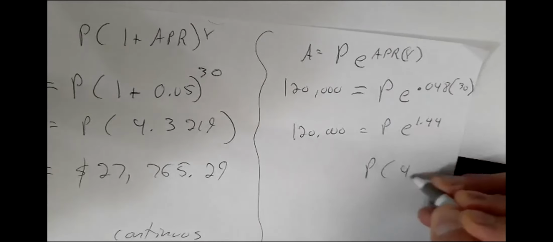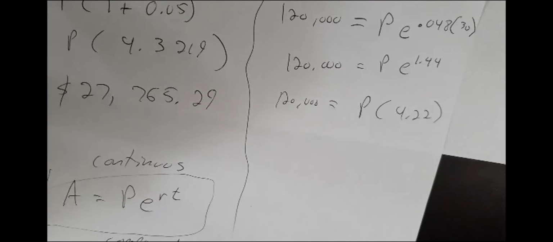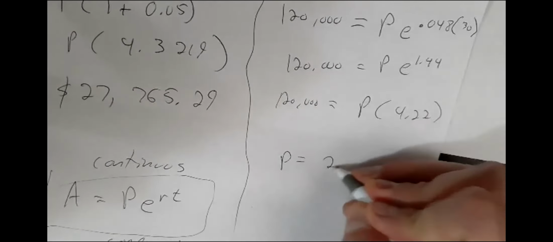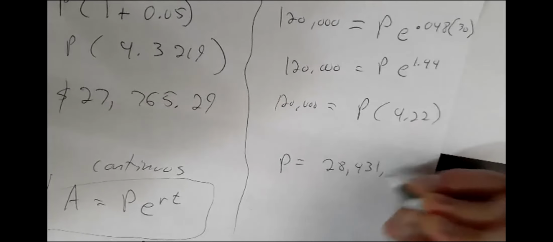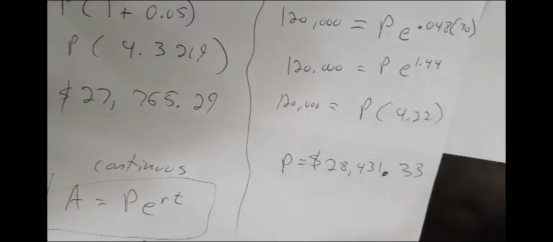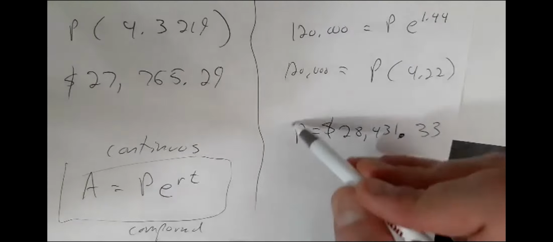So P times 4.22 equals 120,000. 120,000 divided by that number should give me 28,431.33. And so this is the principal I would need with the continuous compounding.